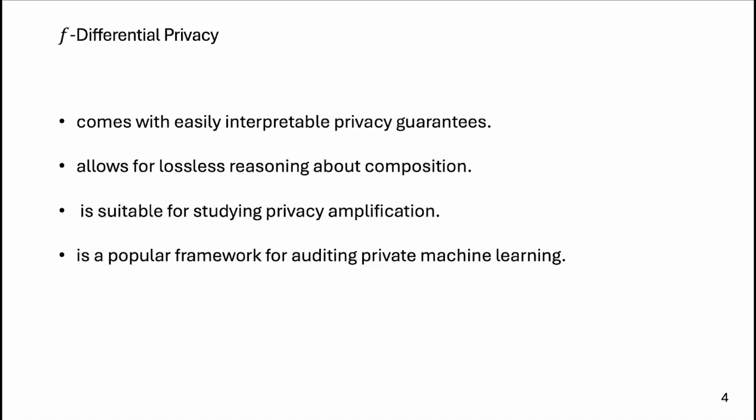It is suitable for reasoning about the composition of algorithms and for studying privacy amplification, which are important tools when building more complex privacy-preserving systems out of differentially private building blocks. And it has become increasingly popular as a framework for auditing private machine learning. So there are a number of reasons why we are looking at this privacy notion and why we want to audit it.